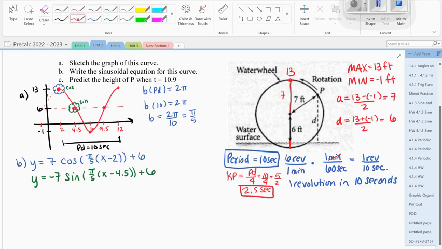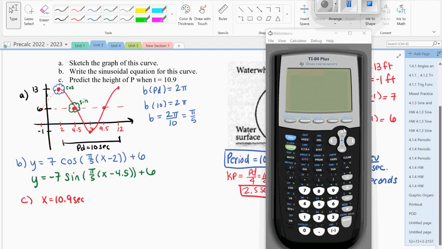So then for C, it says predict the height of P when T equals 10.9 seconds. And we were using, that's my fault, X instead of T. So that means when X equals 10.9 seconds, we want to figure out what the height of P is. So if we get our calculator out, we're just going to plug this in.